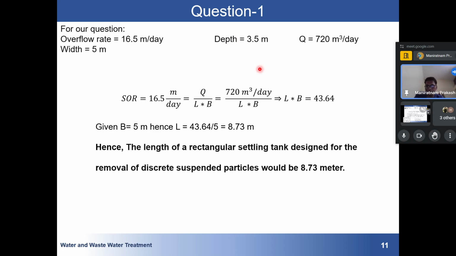This data was given just to confuse you. Only the width, B equal to 5 meter, was used. So our final answer: the length of the rectangular tank designed for removal of discrete suspended particles would be 8.73 meter. I hope this is clear to you.